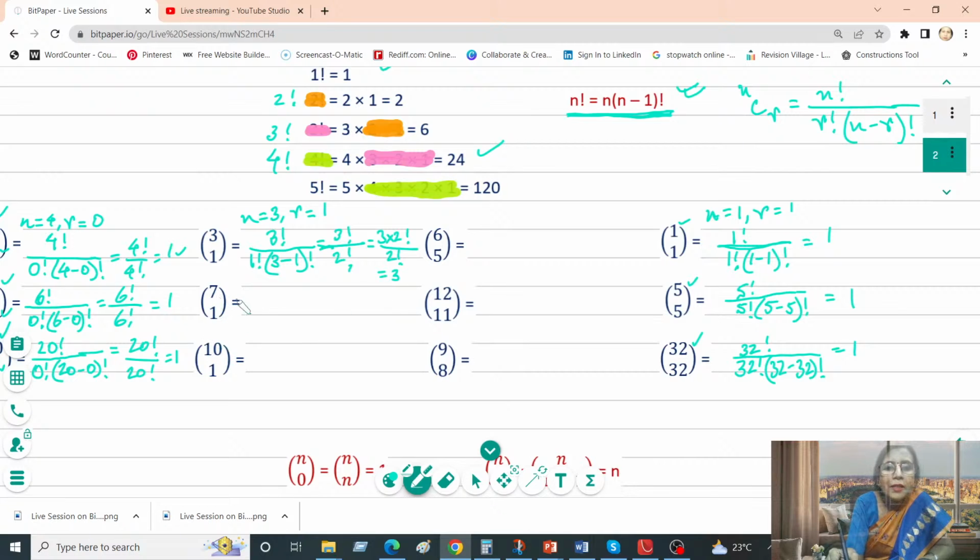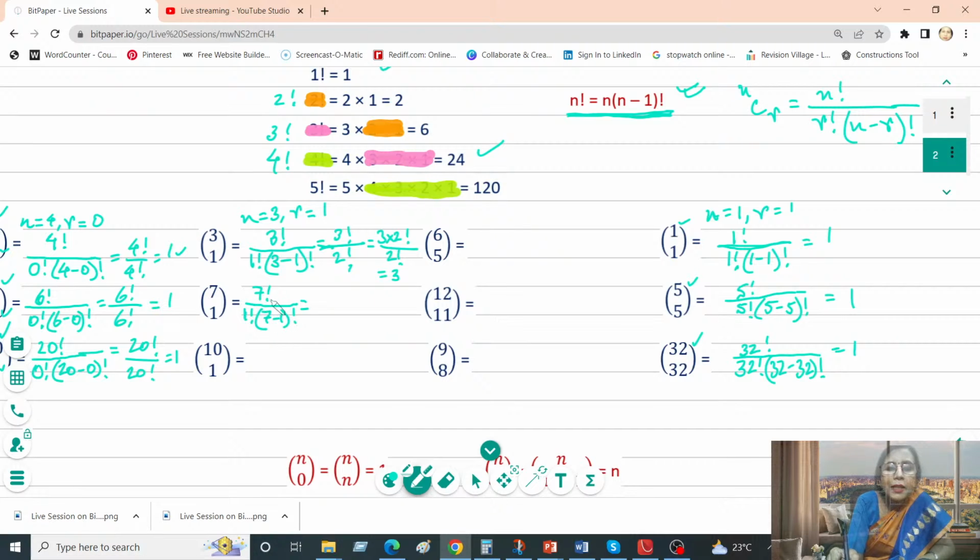For 7C1, what happens? n is 7, so it is 7 factorial over 1 factorial and 7 minus 1 factorial. 7 minus 1 is 6.